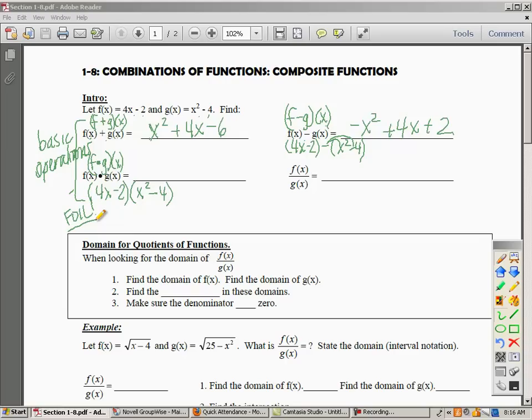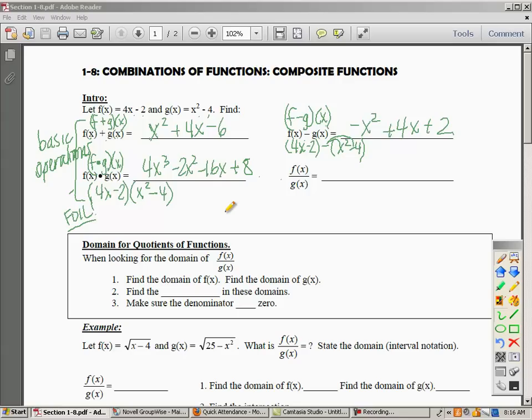FOIL. You end up getting 4x cubed minus 2x squared minus 16x plus 8. When you FOIL, depending on the way you FOIL, you may get it in a different order. Biggest thing though, order matters. So FOIL it down here and see what you get.